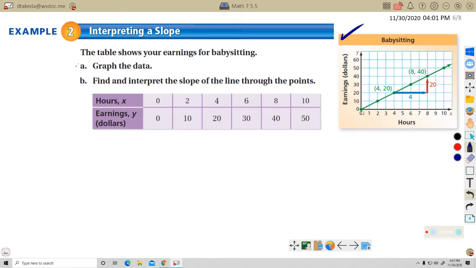If you graph all these points, 0, 0, 2, 10, 4, 20, 6, 30, 8, 40, and 10, 50, we can draw a straight line through those points. What did I say when they say interpret? That means you apply the units of measure.